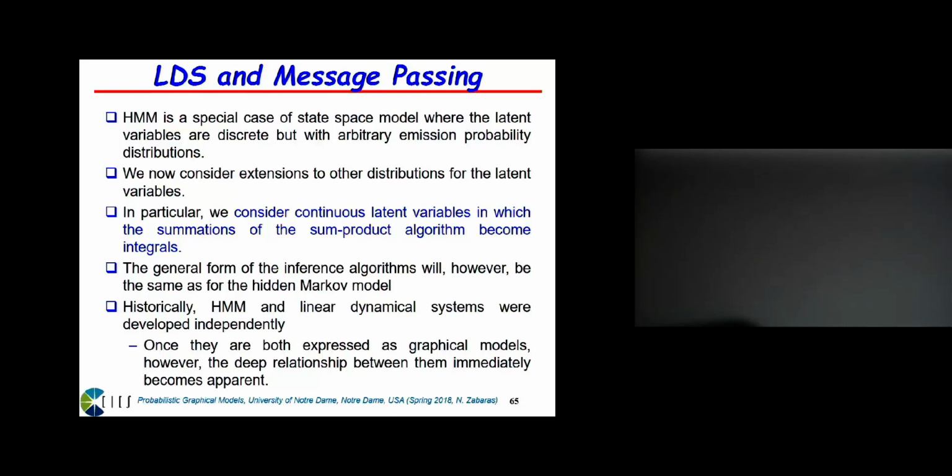So I'm going to highlight some of the derivations, the way they go. They are not trivial, so in some sense you're making extra effort using message passing, but at the expense of having an algorithm that is very general. Okay? And considering that this is a course on probabilistic graphical models, we have to do this.